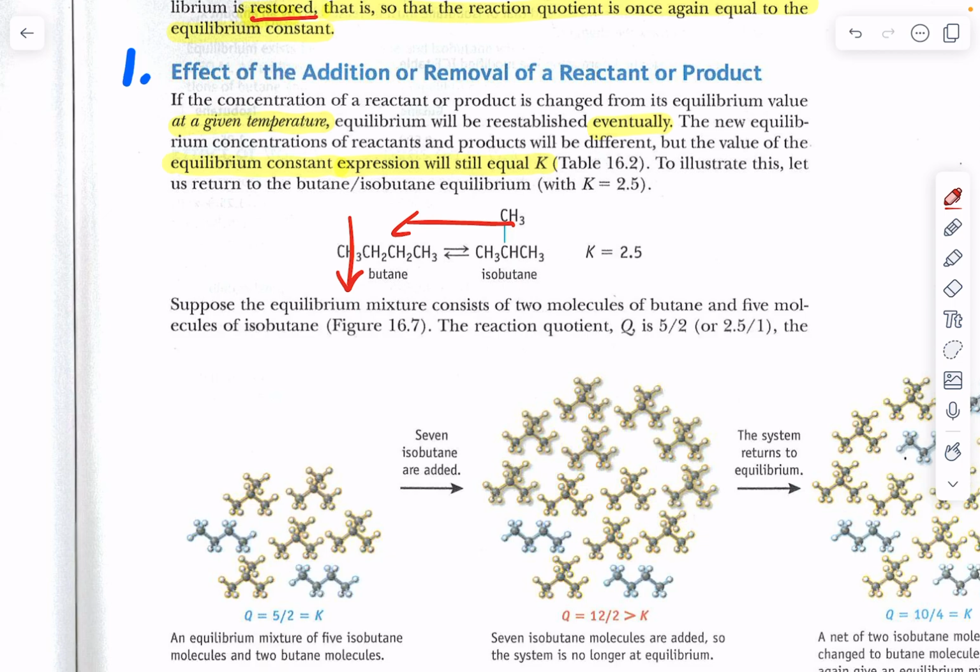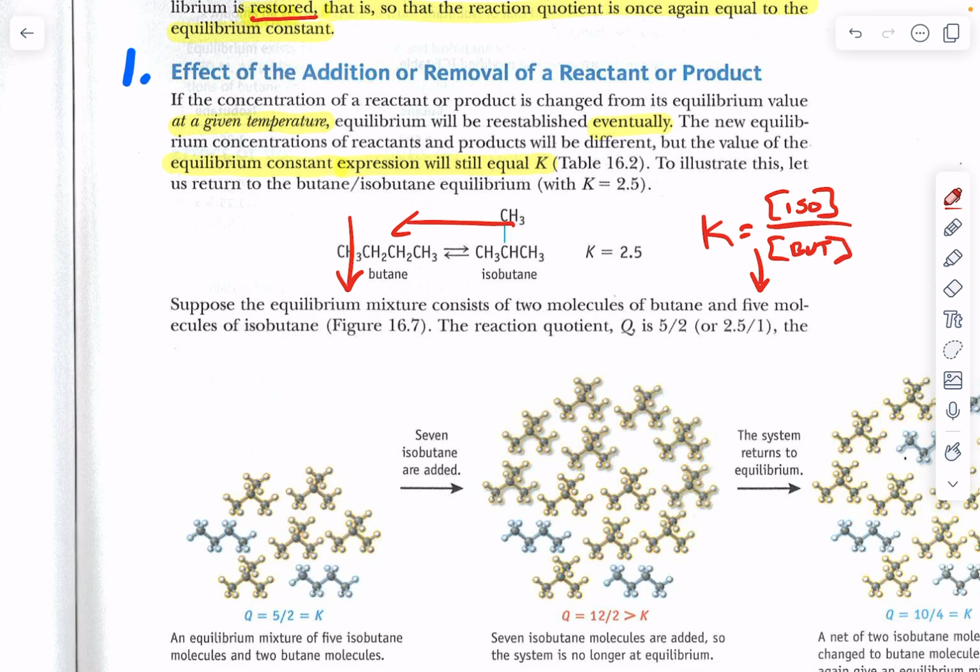And let's pause on this one just for a minute, so that if my molarity of butane goes down, and I'm going to write my expression right here, and I've got my iso up here, and I've got the butane down here. So if my concentration of butane goes down, the reaction is going to go to the left to increase some of that butane.